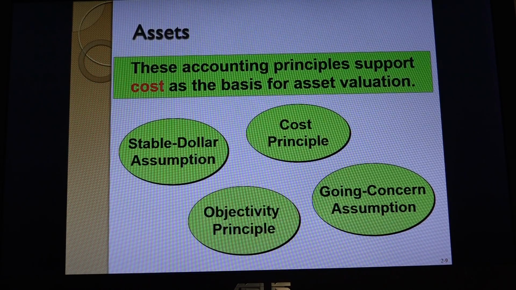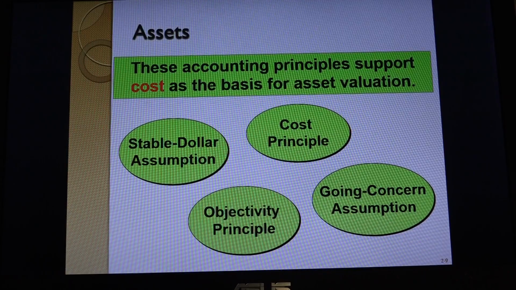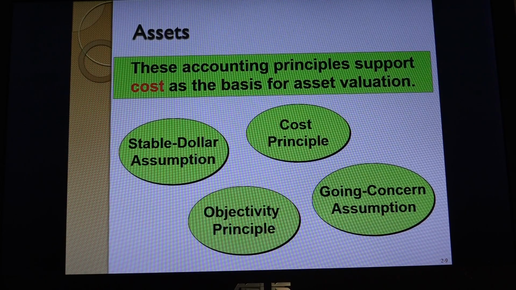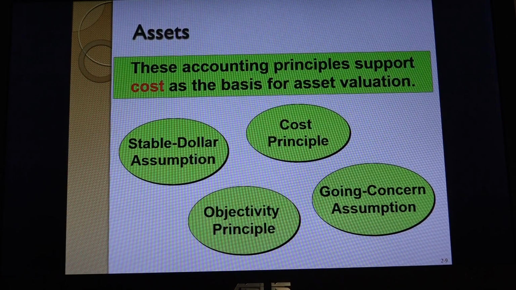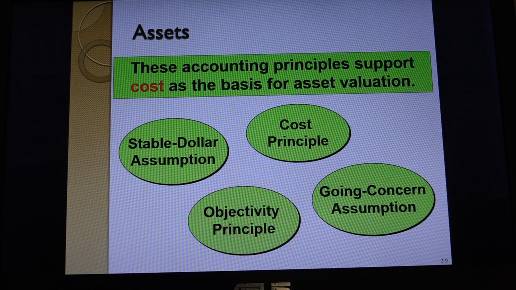So cost is very objective. What did that asset cost you? Well, what you reported on the books. Whereas fair market value might be more in the eye of the beholder, you know? So that's why we use cost as our starting point.